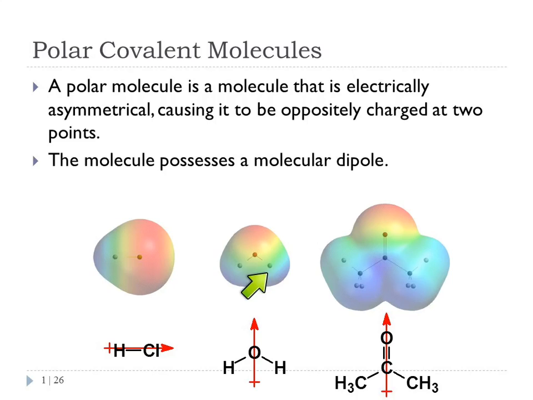So water is a polar molecule, and propanone, sorry, is a polar molecule because of their geometries. And so we'll look at geometries in a little bit here. But we say the molecule possesses a dipole, or a dipole moment.